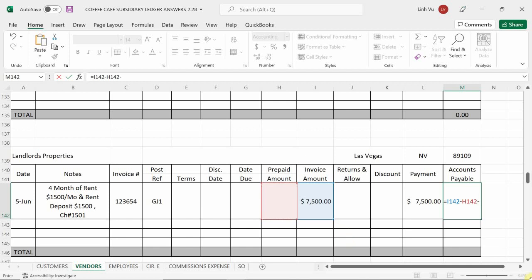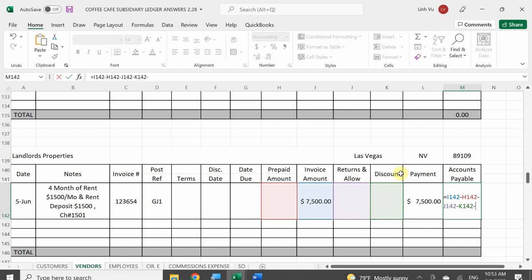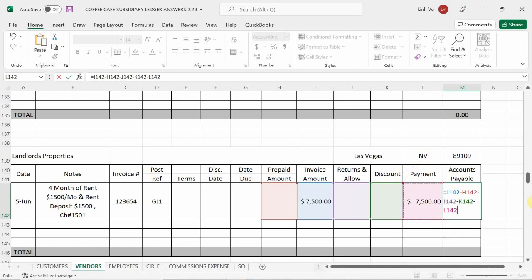We're going to subtract any returns, but in this case, we don't have any returns, right? We're going to subtract any discounts that we could have had. In this case, no discounts at all, because, again, you won't be able to get any discounts for rent. However, we're going to subtract out our payments, because that is what reduces accounts payable, right?